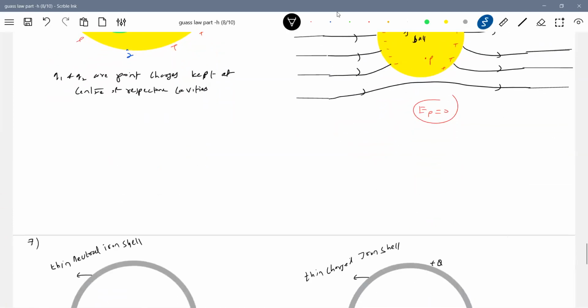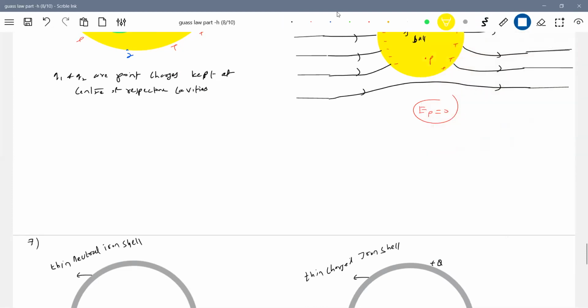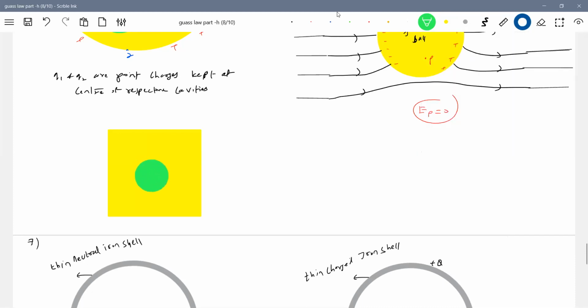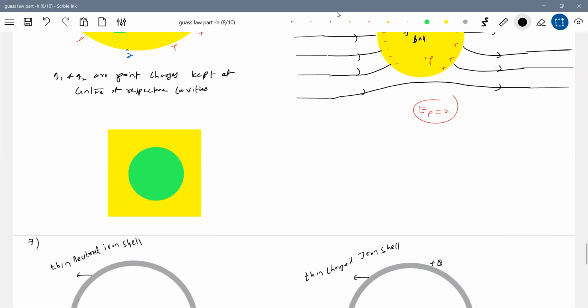So here, let me take a spherical cavity inside this, and a uniform electric field is present.